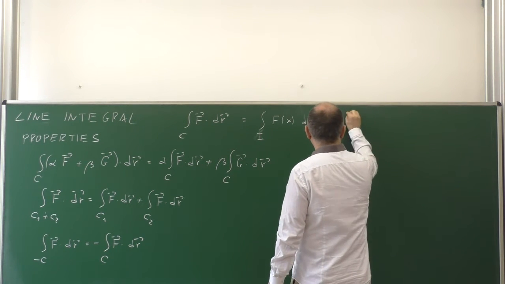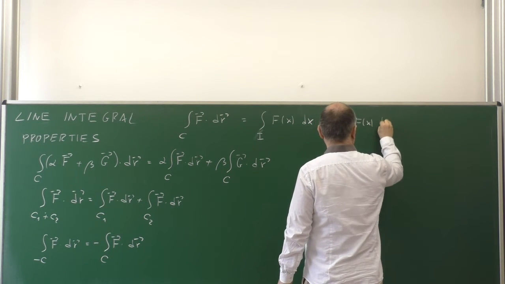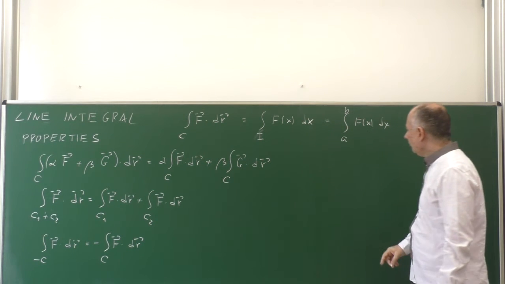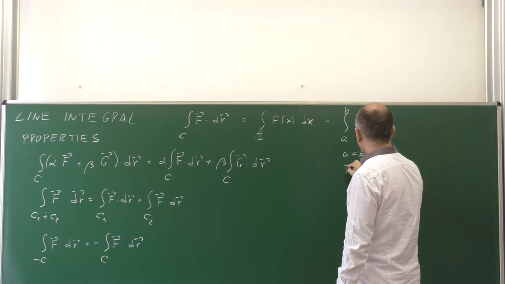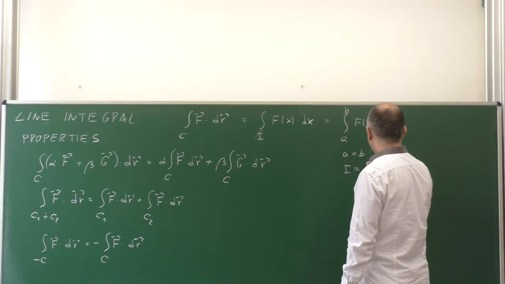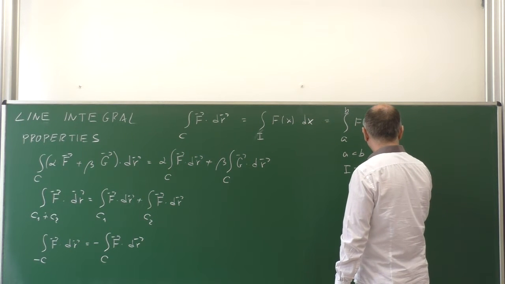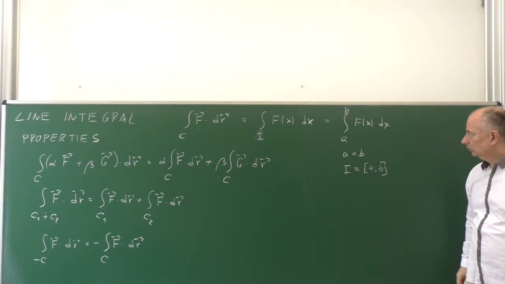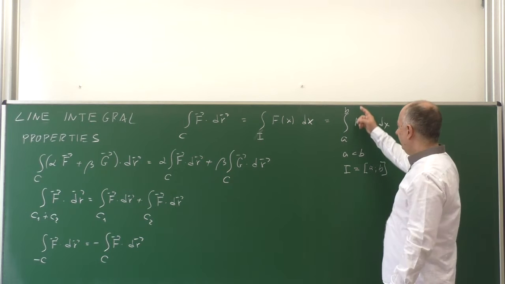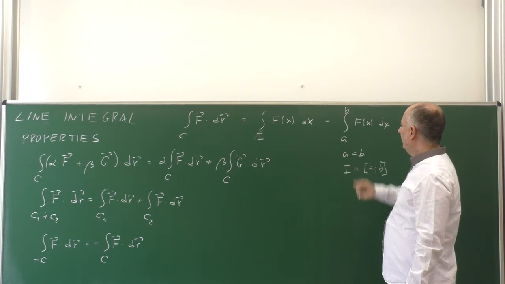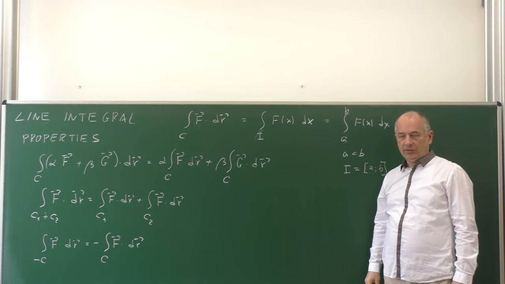We usually write it from A to B. And if A is less than B, we can denote capital I, the interval from A to B. So this was the notation in the first semester for the definite integral: the lower limit, the upper limit, the starting value, the end value of the independent variable x.